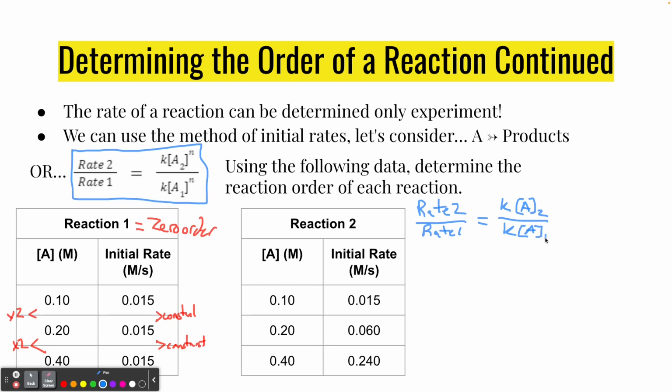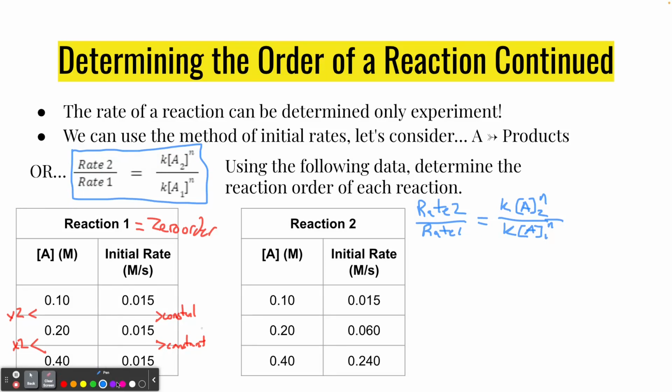I'm just going to write the whole expression, guys. Bear with me here. All right. So you'll notice that they're raised to the n power, and I have the concentration of A at rate 2 here, and the concentration of A at rate 1 here.